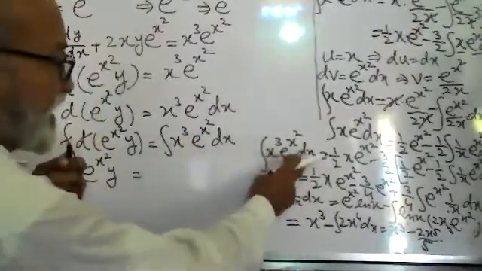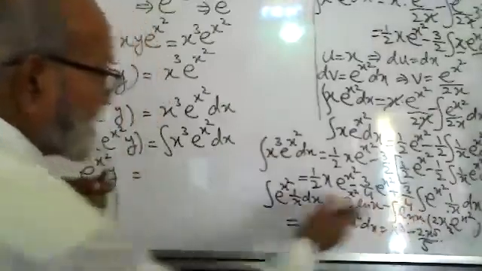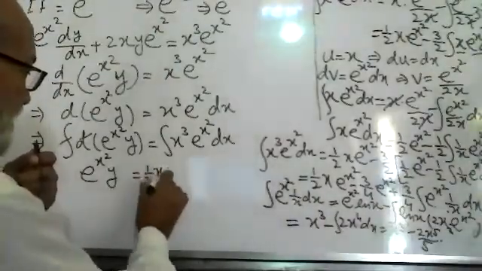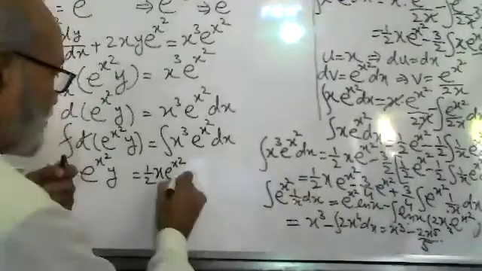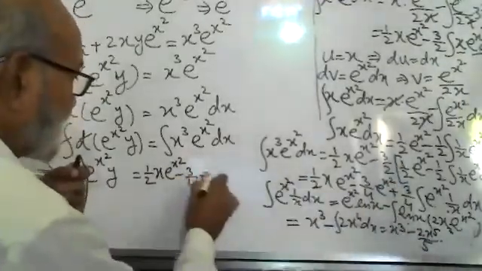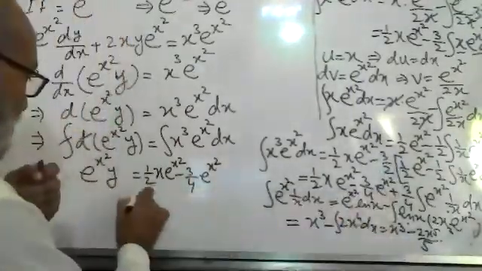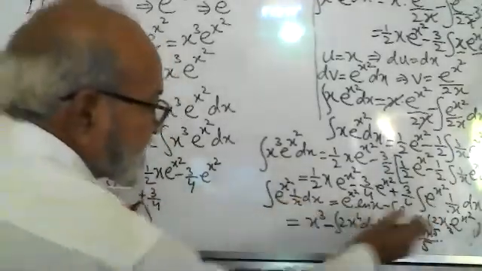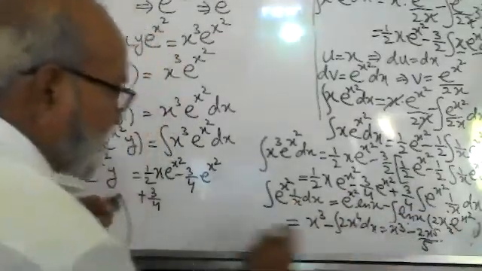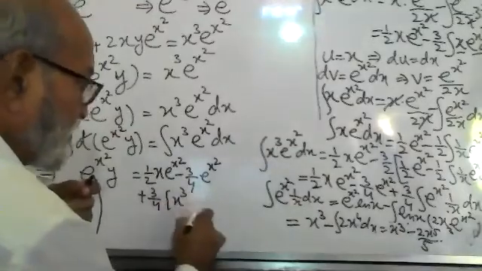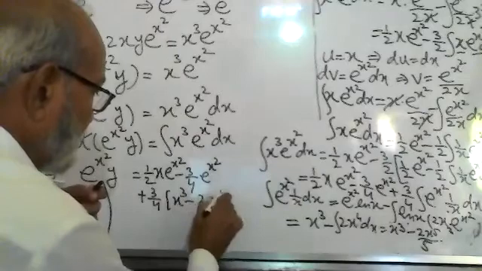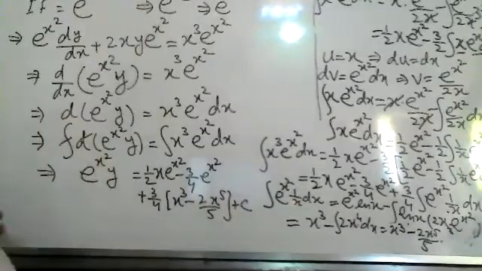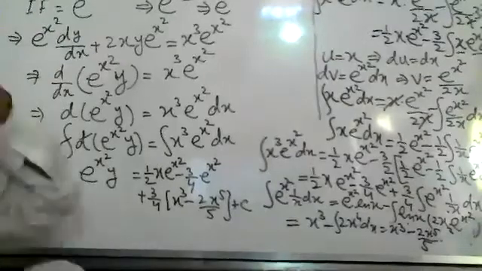X cube e raised to power x square dx will become this one plus this one, 1 over 2x e raised to power x square minus 3 upon 4 e raised to power x square plus 3 upon 4 और e raised to power x square 1 over x dx. इस होल की जगह पर हम ये पुट कर देंगे x cube minus 2x5 upon 5 and plus c. This is the answer.